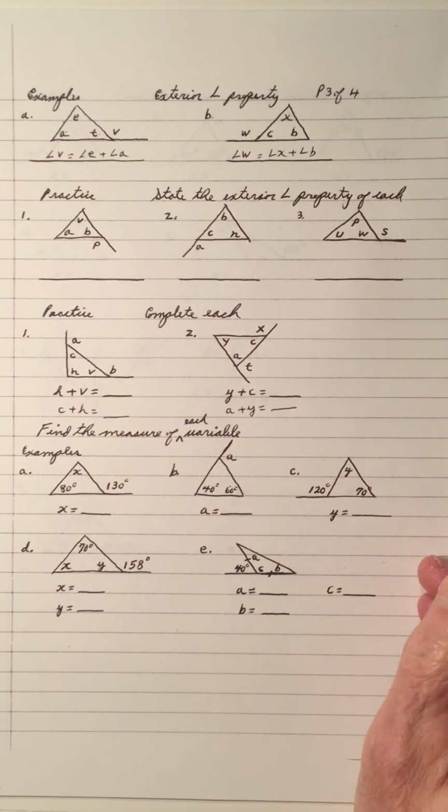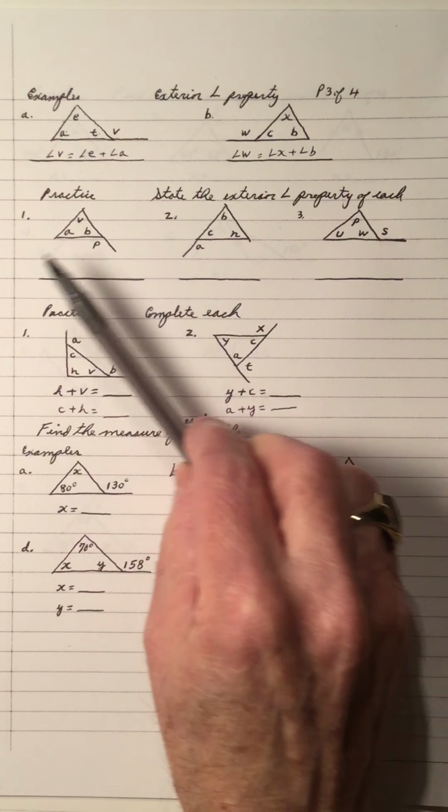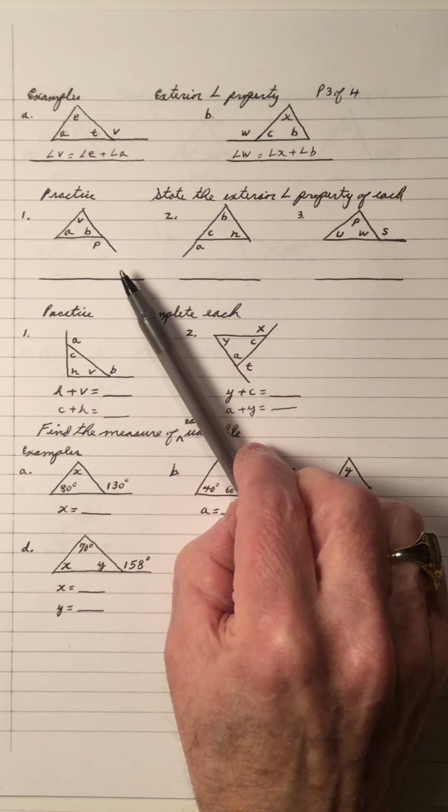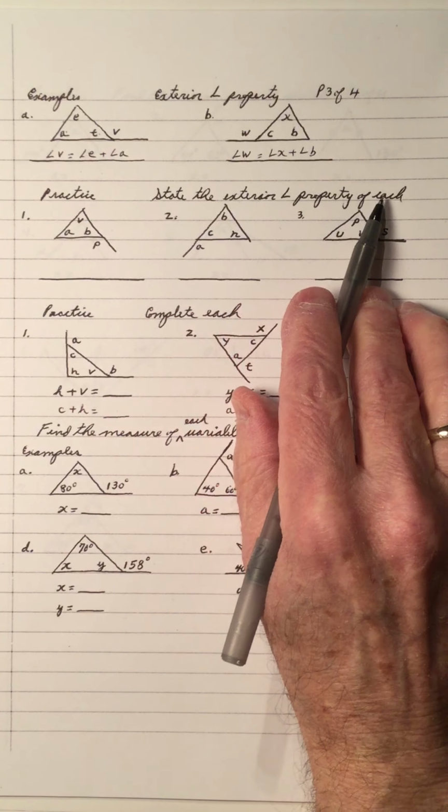These are the two remote interiors. Let's practice. Practice means pause your video, work out your answers, and then play it back to see if you're right. State the exterior angle property for each.